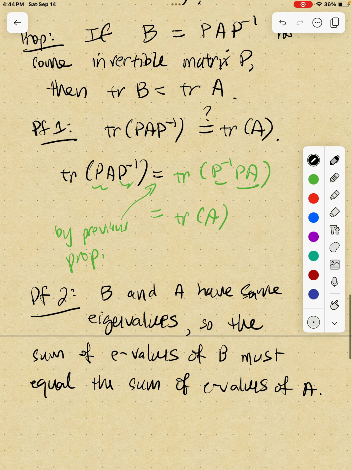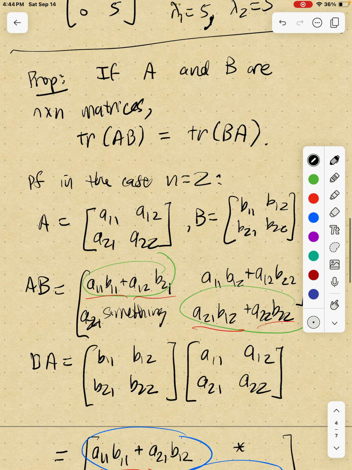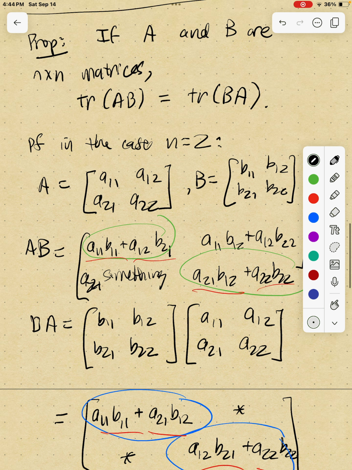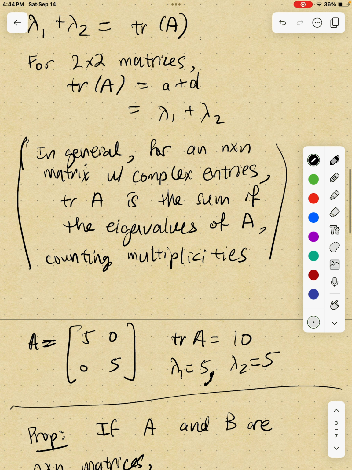And here we're using the fact that when you have n by n matrices, so these are n by n matrices, maybe I should have said that, you can think of the trace in terms of the eigenvalues as the sum of the eigenvalues.